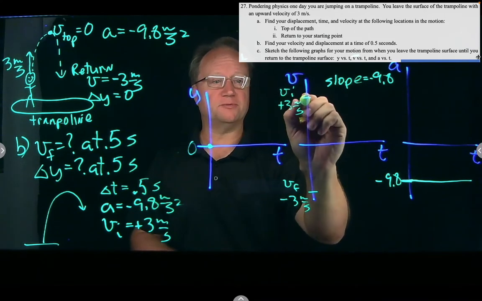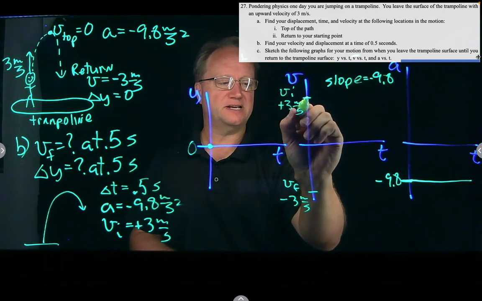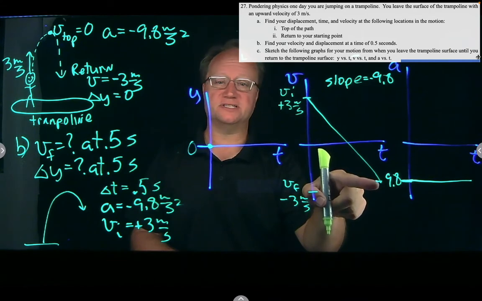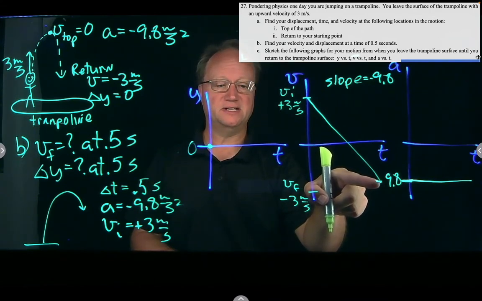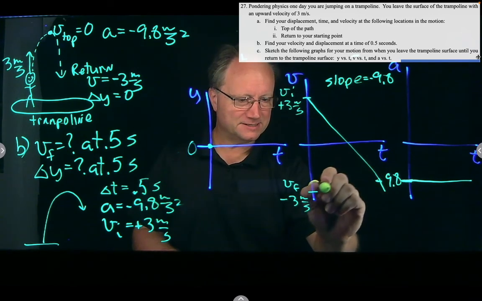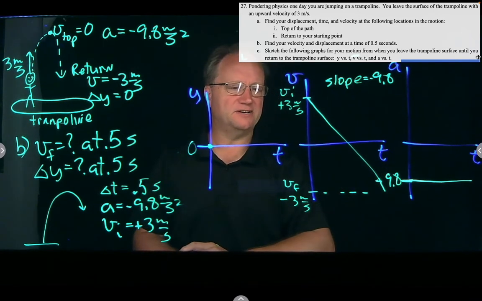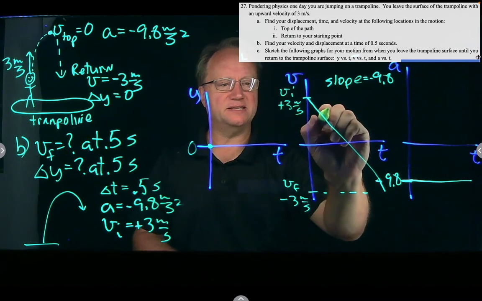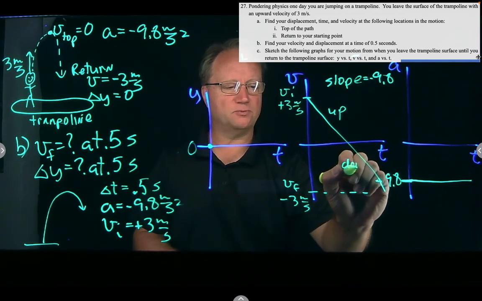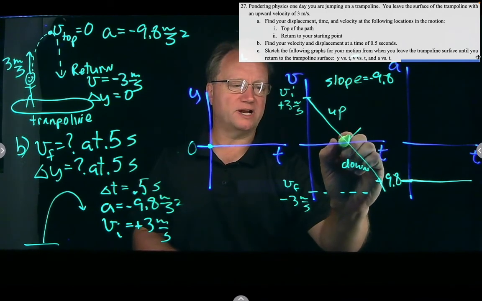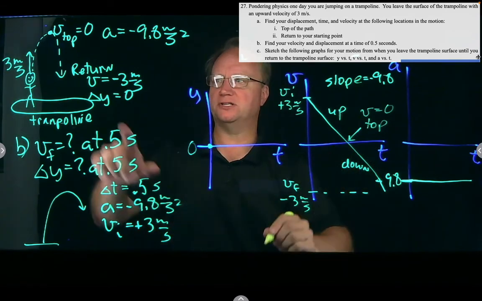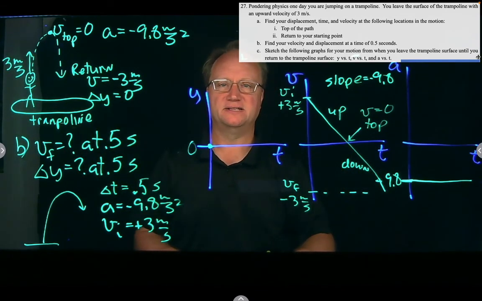So I'm going to start from the initial velocity, and I'm going to go diagonally downward with a constant slope of negative 9.8 down to our final velocity over there of negative 3. So then this part of the motion is the upward movement. This part is the downward movement. And right there where the velocity is equal to 0, that would correspond to the top of the path.